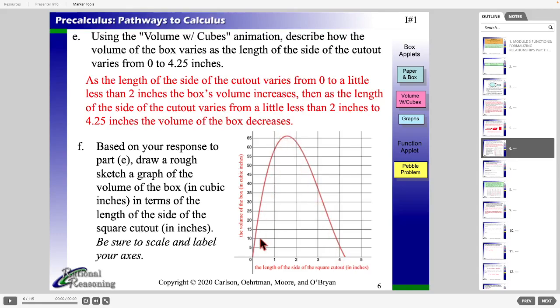If we don't make a big enough cut, we don't get the maximum volume. Again, it all depends on what we are putting in the box, but if the idea is to get the maximum storage capacity, then we want to find the cut that will do that.